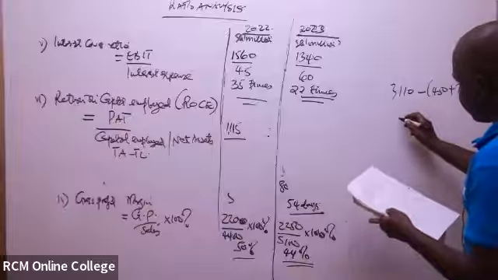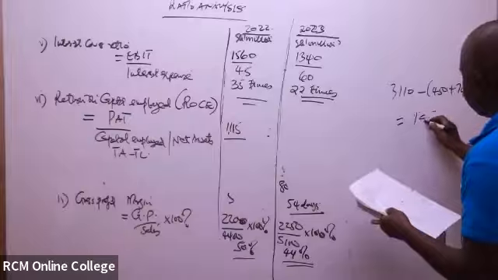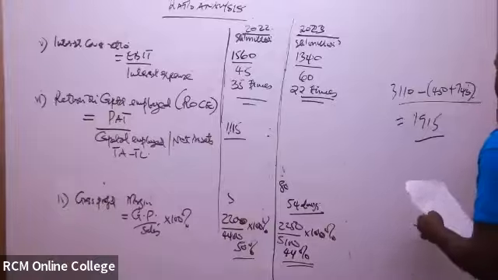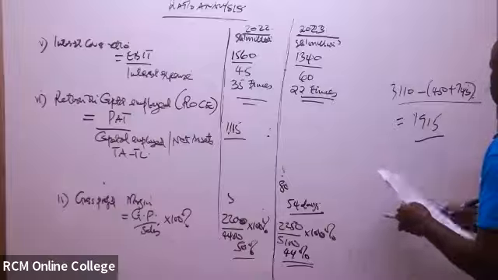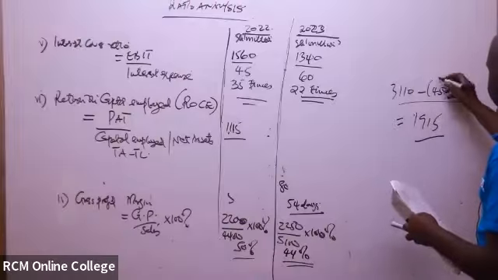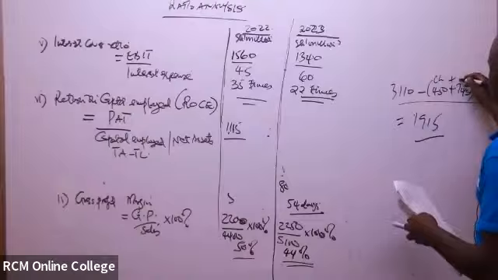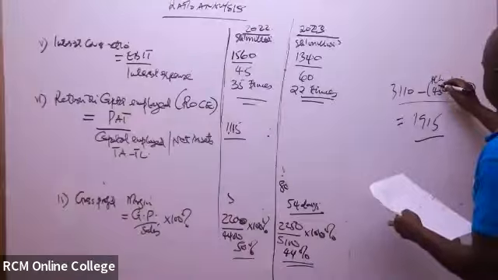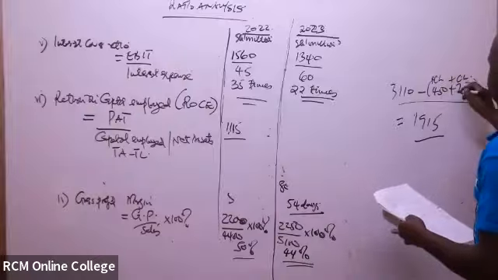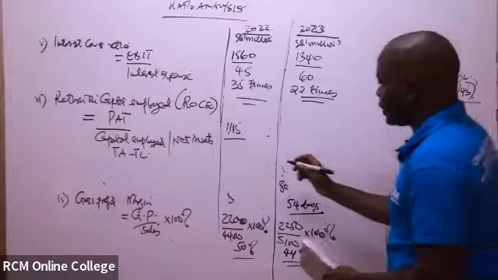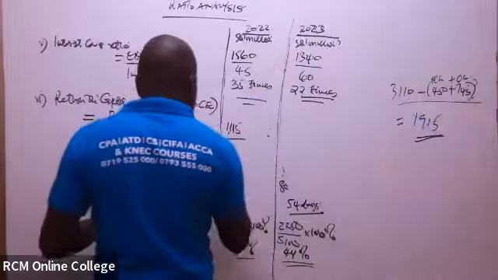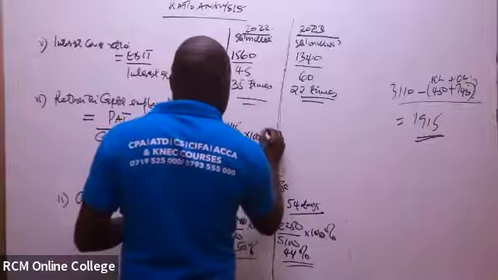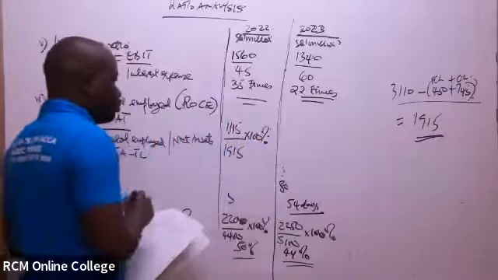Alternatively, you can take that figure of equity there, which is 1915, because if you do this one, you should get the same figure. 31,110 minus 450 minus these, which are basically the current liabilities and the non-current liabilities, the total liabilities. When you minus, you should get 1915. Then you multiply by 100%.